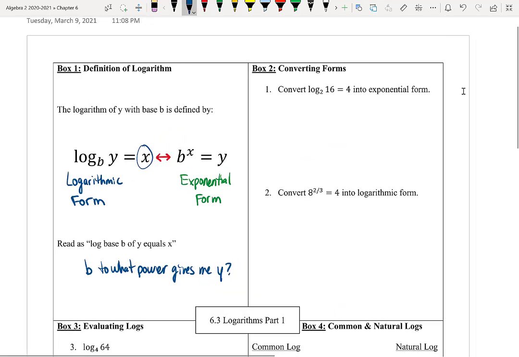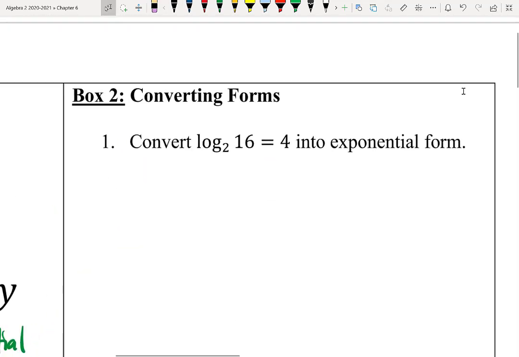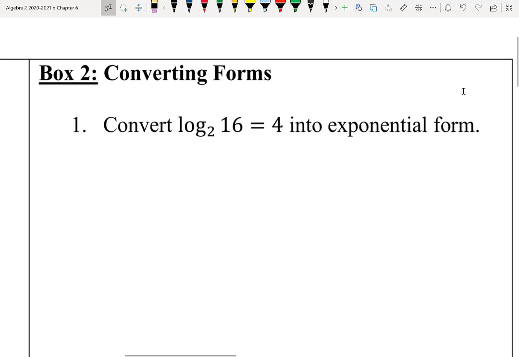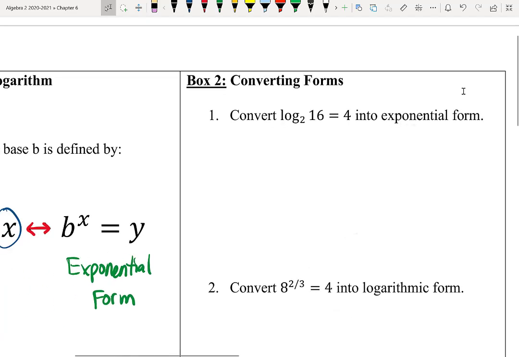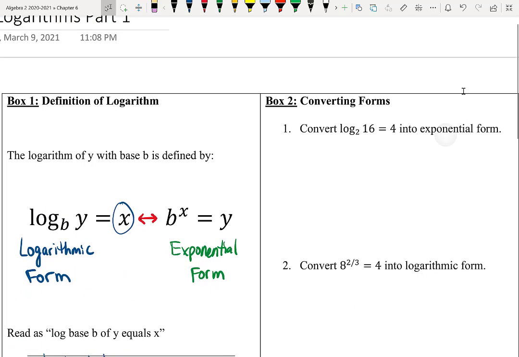Before we get into some evaluation problems, let's work on converting back and forth between the different forms. For number 1 here, we are starting with log base 2 of 16 equals 4, and we're asked to convert that into exponential form. This is given in logarithmic form, and we're trying to rewrite it into exponential form. You can look back and forth between box 1 and box 2.